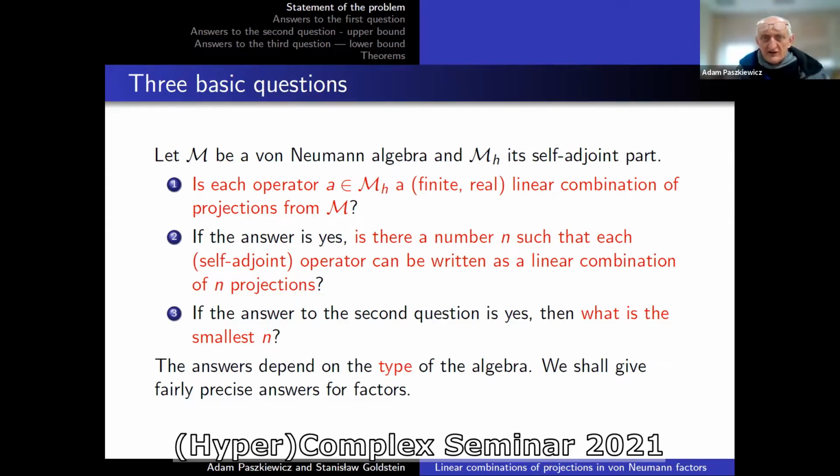So we have physical observables represented by self-adjoint operators, and physical questions represented by projections. Each projection is connected with a subspace of a Hilbert space.